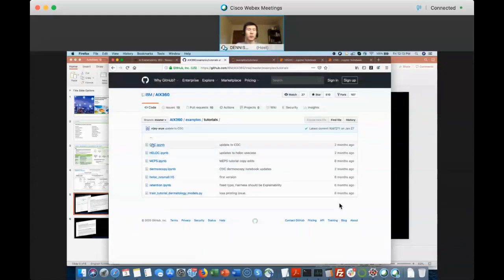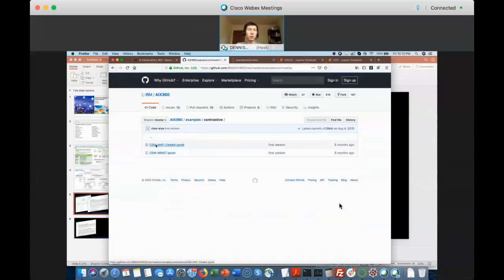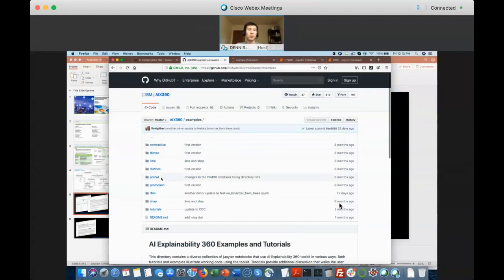The one that I didn't have time to cover is called CDC. And there are some less complicated ones that just illustrate how to use the different algorithms, like, for example, ones showing you how to use CEM on the MNIST digits data set. So you can find a lot of examples here.